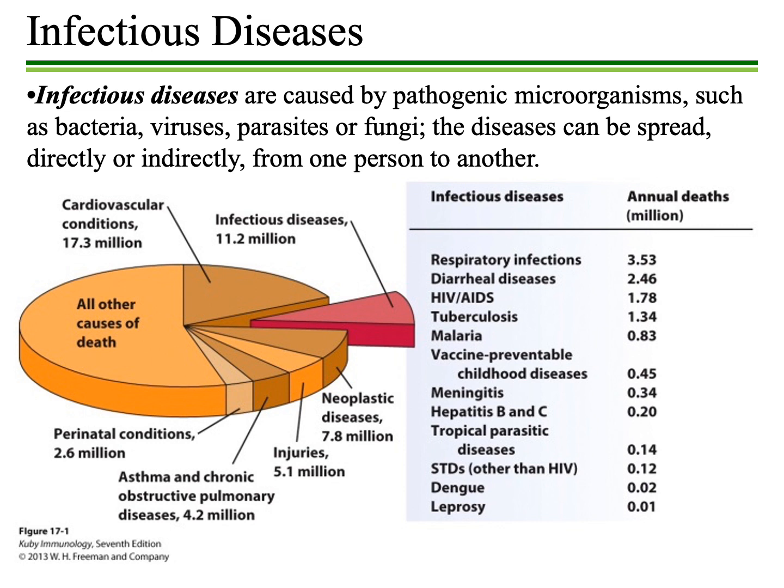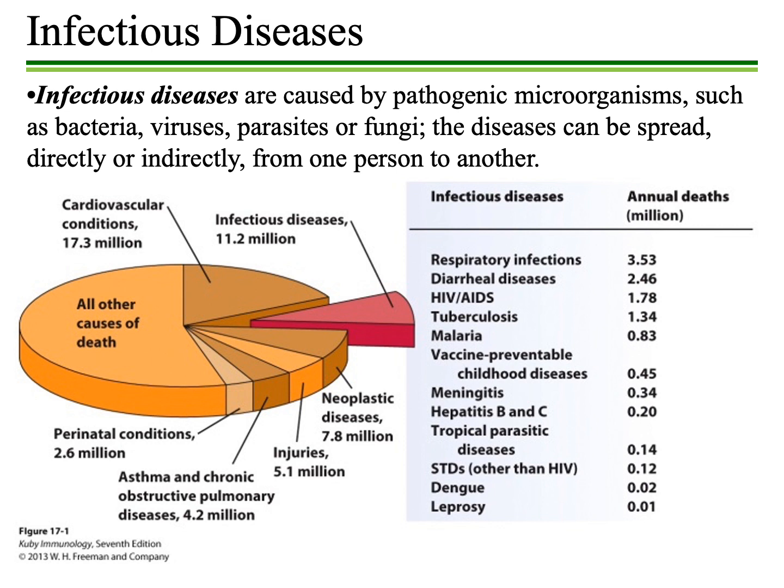Both the innate and the adaptive immune response, as well as the complement system, do in fact provide defense against pathogenic organisms. However, there are millions of deaths worldwide due to infectious disease.